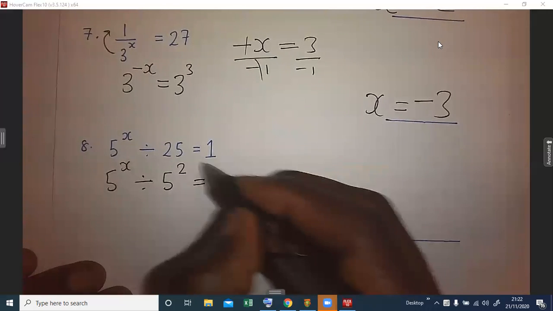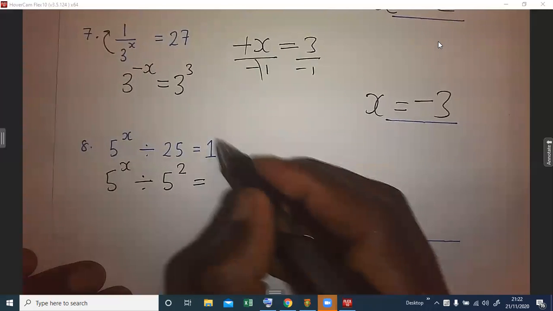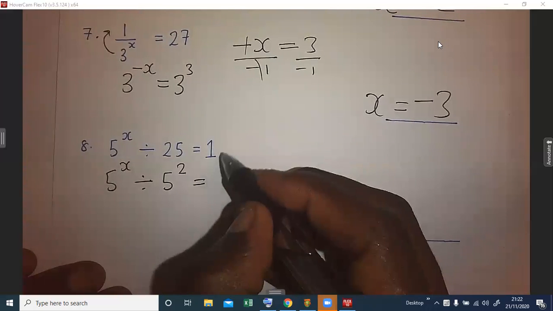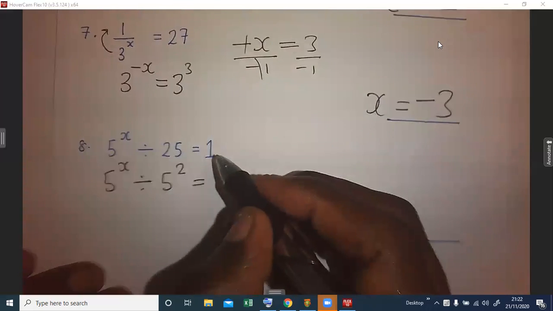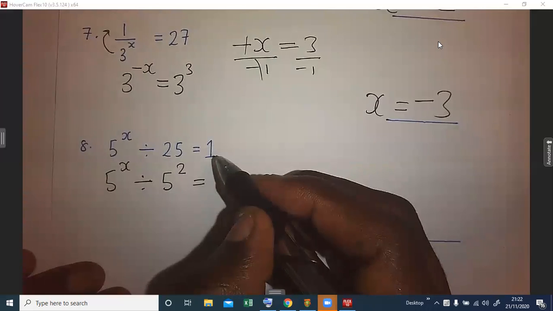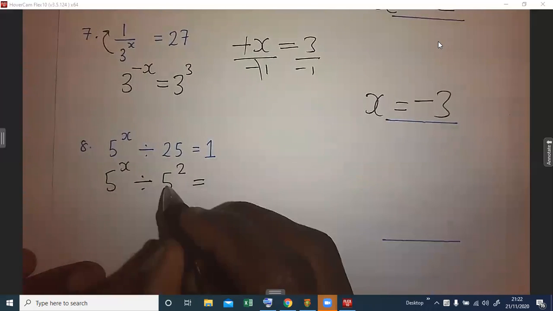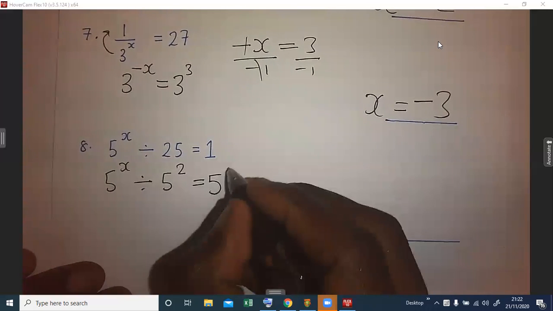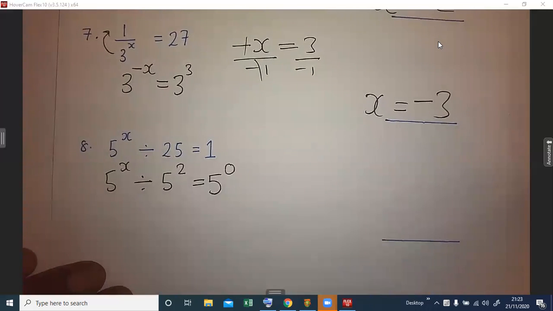Now we are going to apply the other law. When you have 1, we said it is the same as any number to the power 0. Now because I need base 5, I will change 1 and it will become 5 to the power 0, so that I have everything to the base of 5.